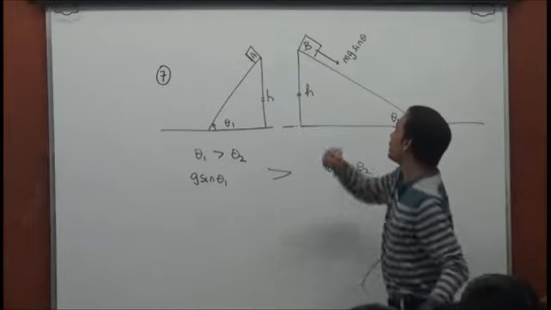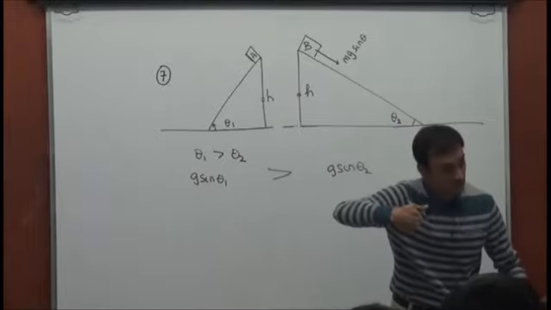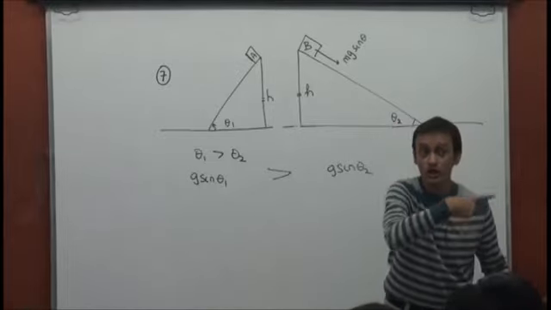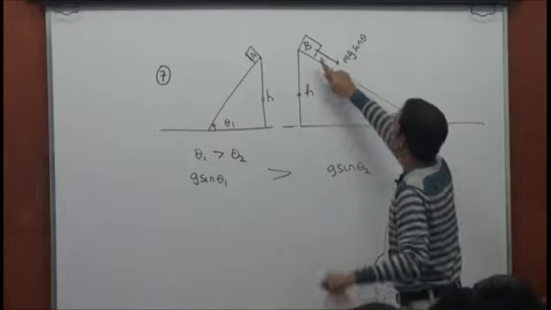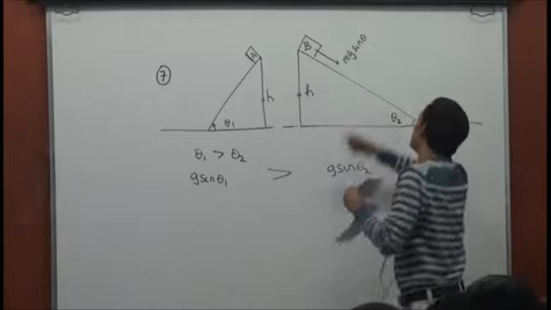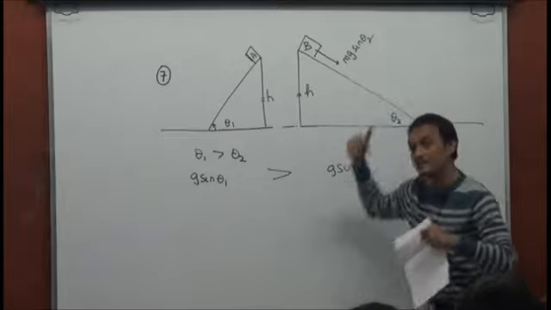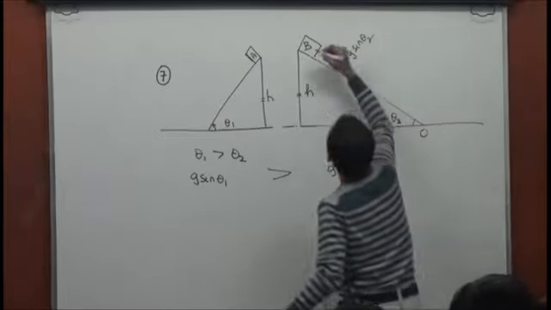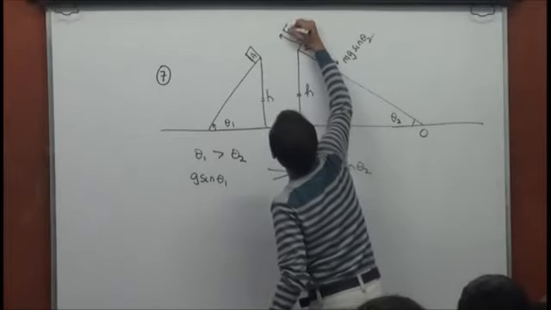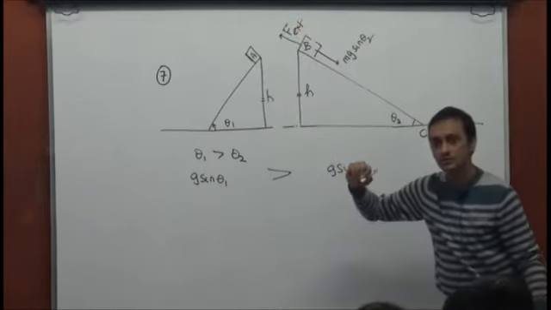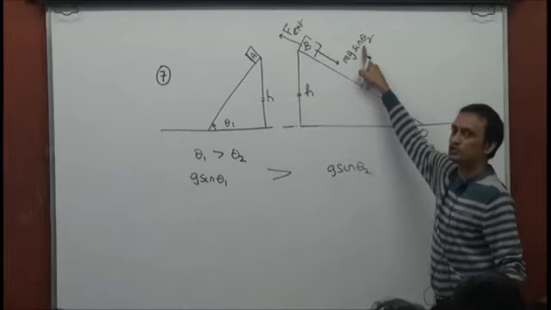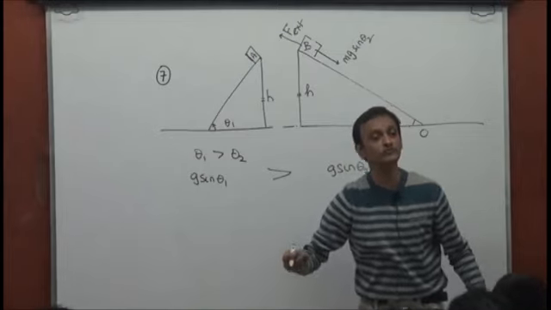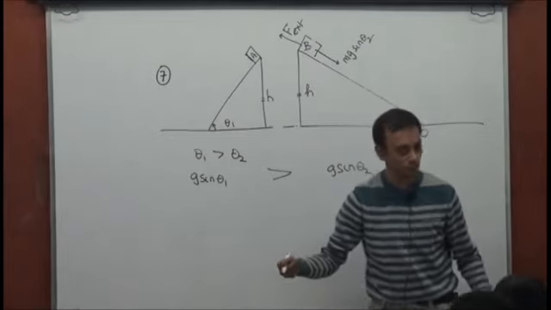That means the mass B does move down, but it remains unaccelerated at all times. If left free, it will have an acceleration g sine theta 2 downwards. But if there is a force restraining it, that external force acts upwards, so that it balances mg sine theta 2, so that the net acceleration is 0 and the mass moves really slowly, unaccelerated down the plane.